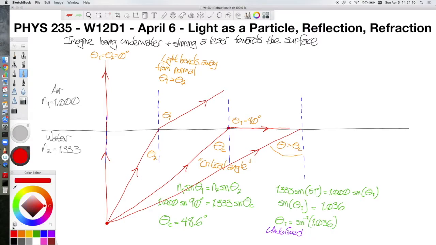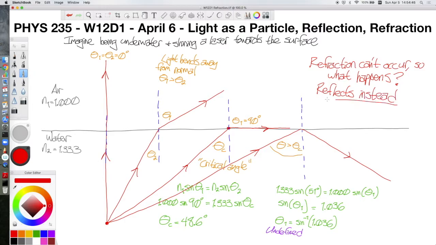So the question becomes, if refraction can't occur, what happens? So the only other option other than refraction is reflection. So it will reflect back in at this same angle theta as it was incidence at. So in words, this process is called total internal reflection.